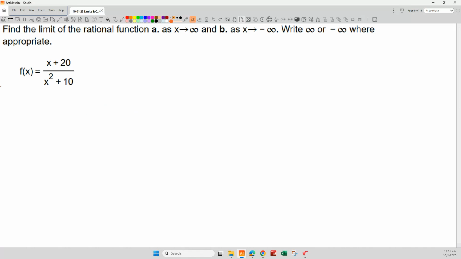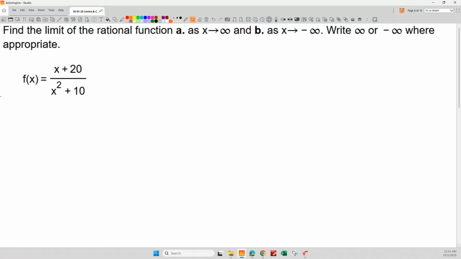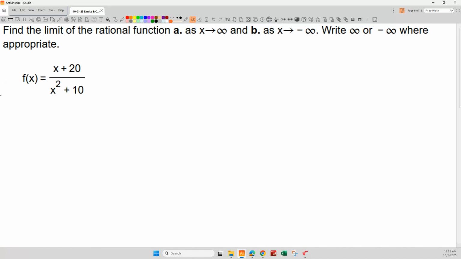Okay, it says find the limit of the rational function as x approaches negative infinity or x approaches infinity. Got to try each one, okay? Well, this is easy. We can just look at this and tell the answer. What's it going to be? Yeah, how come?